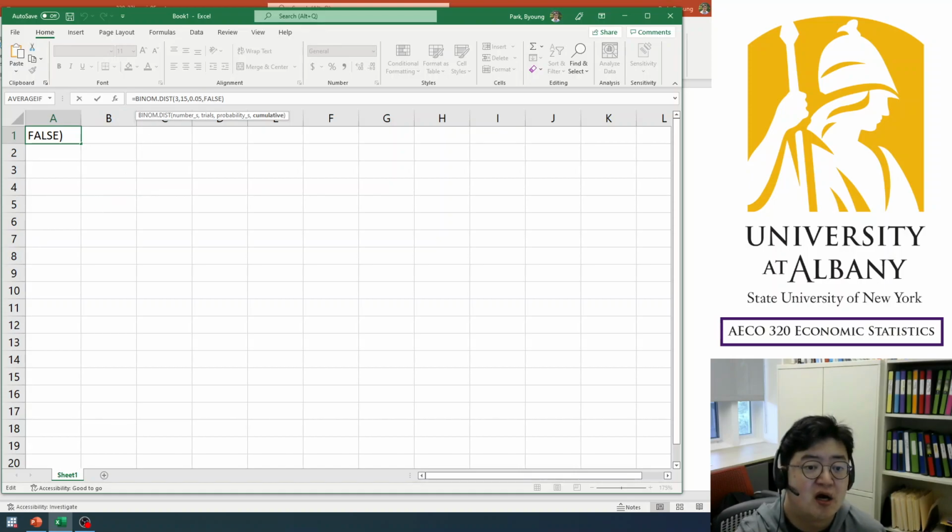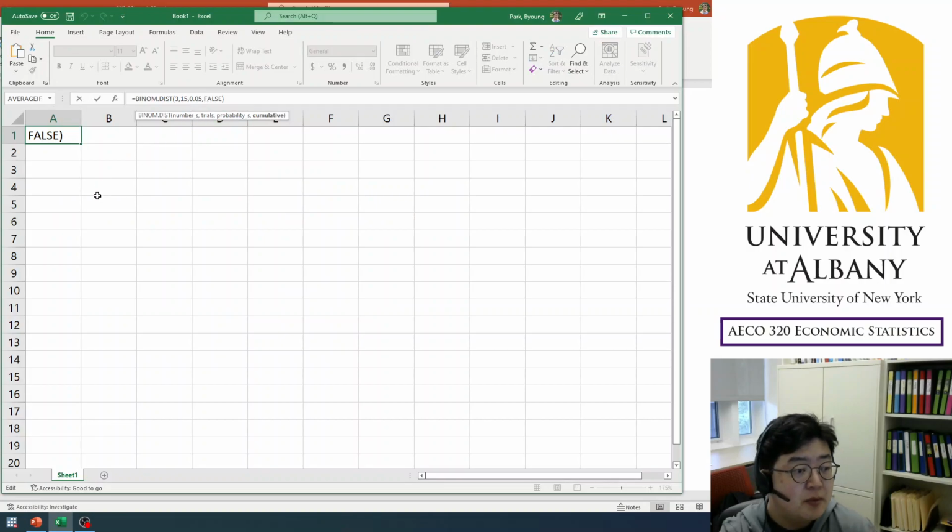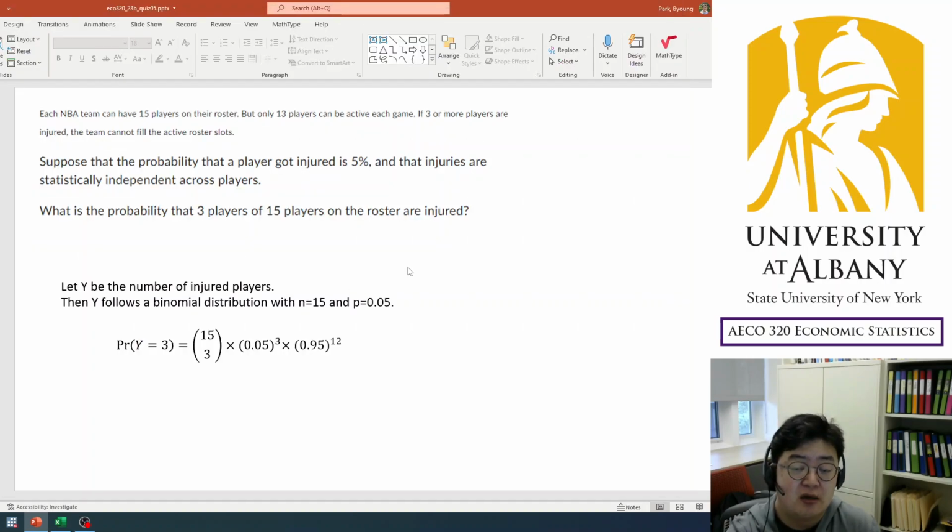So now we are looking for probability with equality, not inequality, so we will set it as false. But in a later question, we are going to use this option as true, so you are going to see the difference, whether we have to use it as true or false.